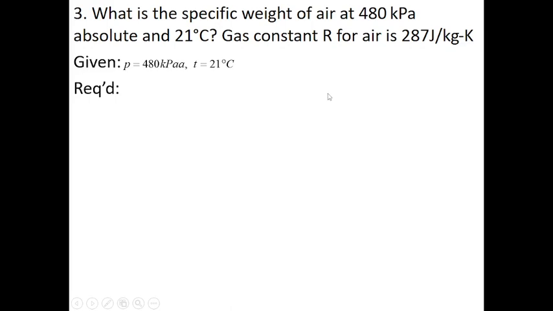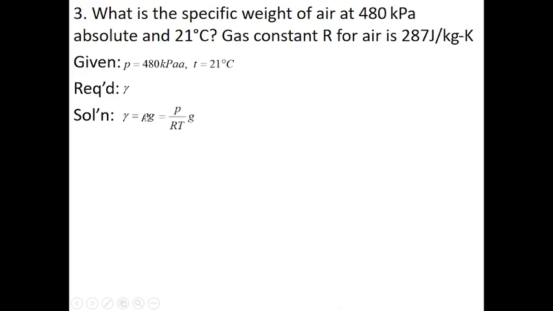So with that, let's recall the formula for the specific weight. This is required in the problem. The specific weight of air, denoted by gamma. So recall that the specific weight of a substance can be obtained by multiplying the density of the substance by the acceleration due to gravity.